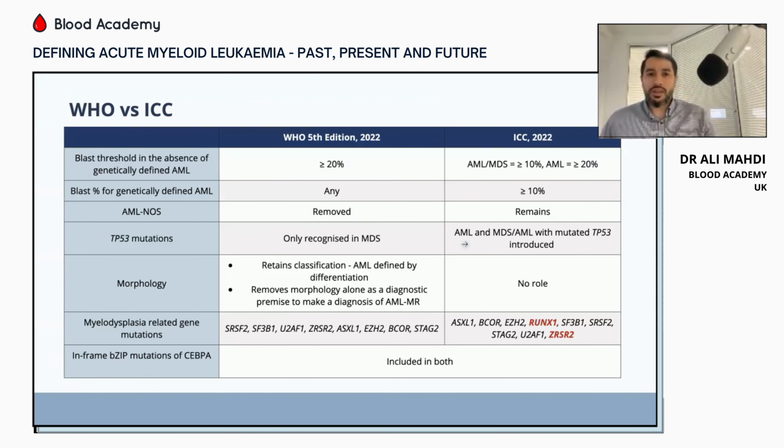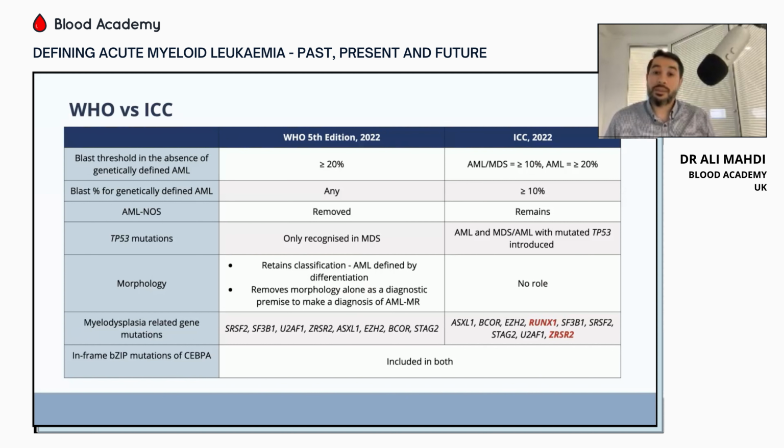So I'm just going to highlight the key things between the 2 classifications. I mean, there's a whole range of other things, but at least just go over some of the most important things. So the first thing really is the blast threshold in the absence of genetically defined AML. So those patients with PML-RARA, patients with inversion 16, etc. The WHO continued to have a blast cutoff of 20% or more, whilst the ICC introduced a similar state for patients with a blast percentage of between 10 and 90%.